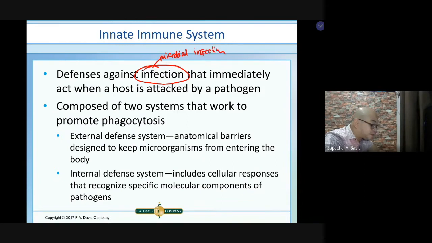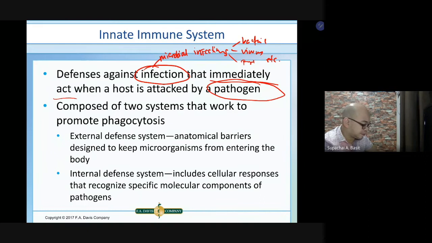And when we say microbial infections, it could be in the form of bacteria, viruses, fungi, etc. Okay. So this particular type of defense will immediately act whenever we are being attacked by a certain pathogen. So there is an immediate action.